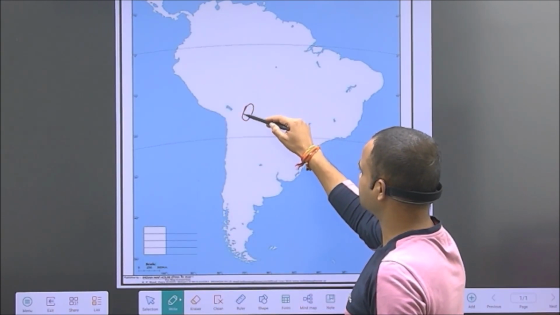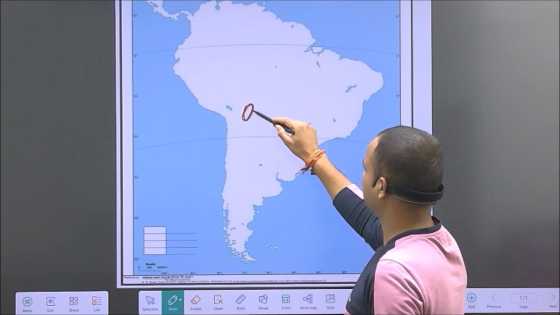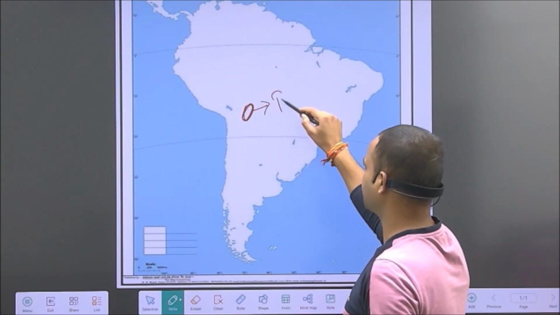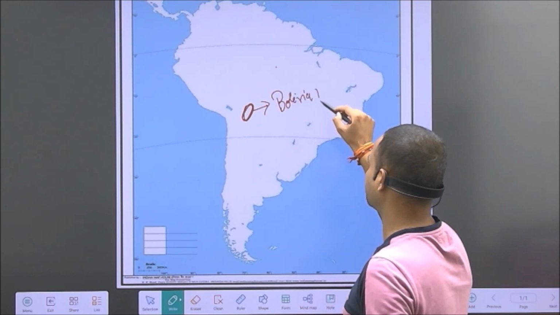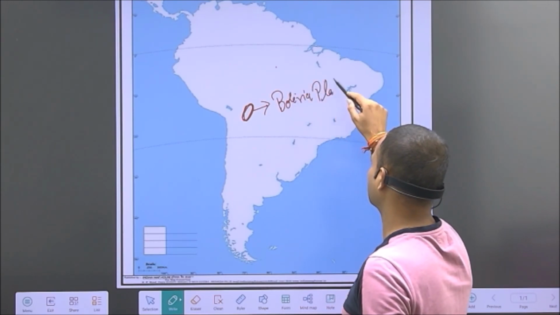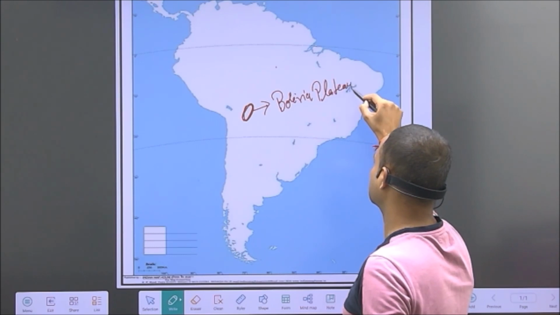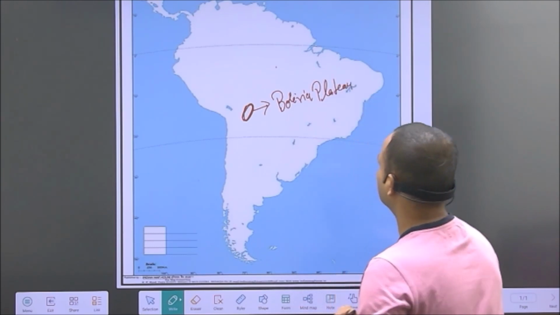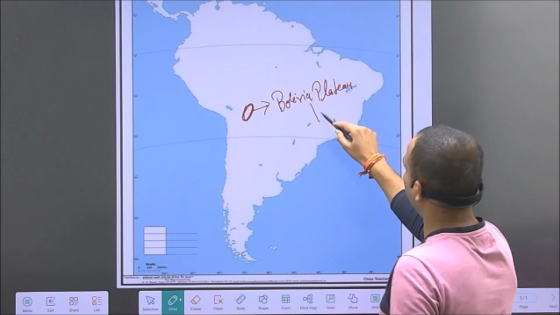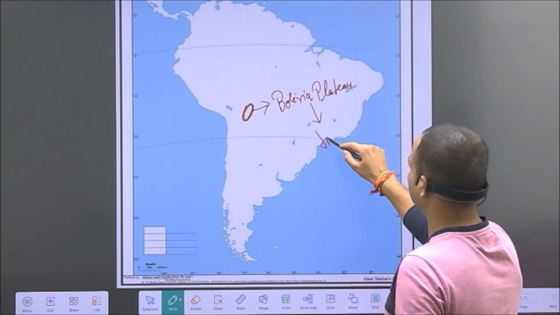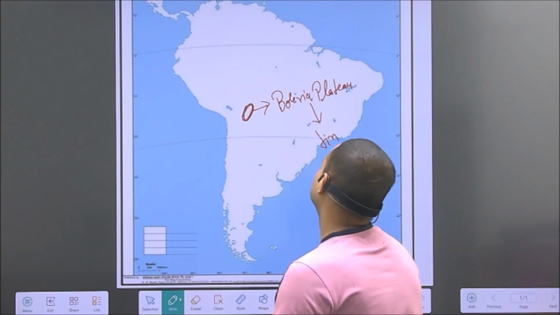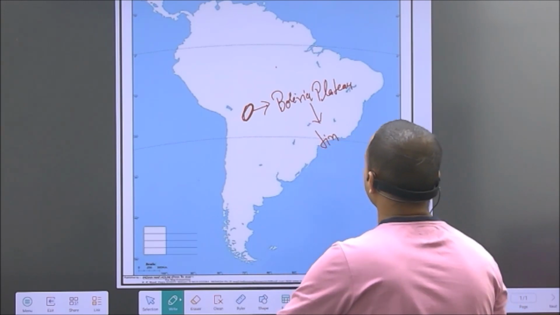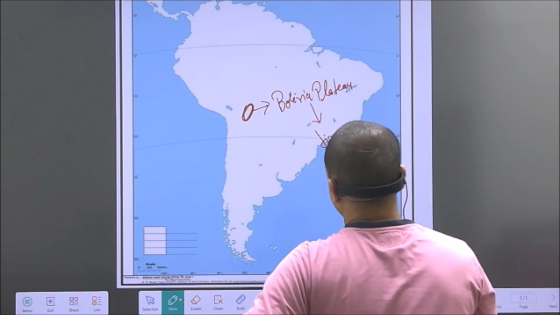Here you can see the Bolivia Plateau. The Bolivia Plateau is popular for tin deposition and production.